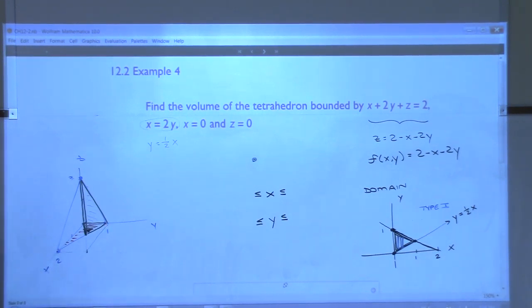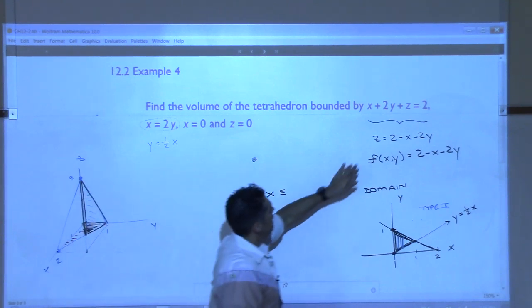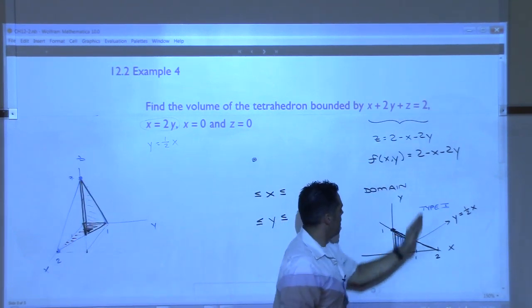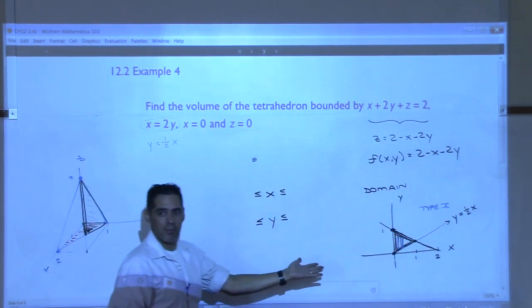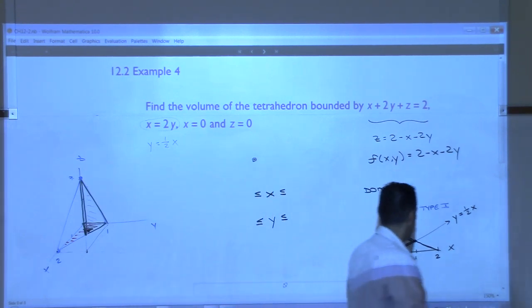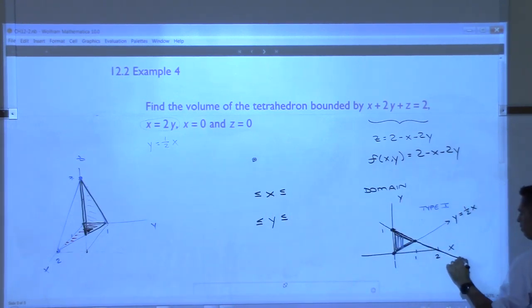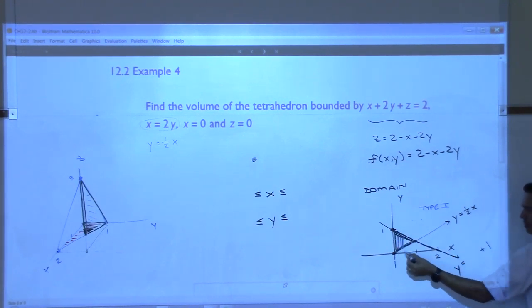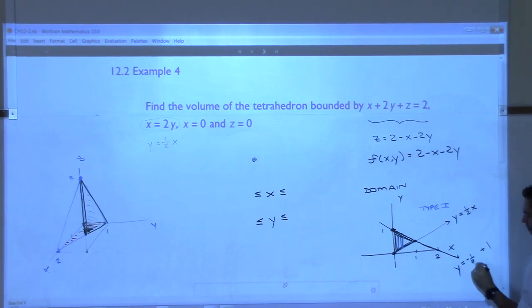So we could get it by coming up here and letting z be 0. Or we could just look at this, like back in college algebra, what's the y-intercept? The y-intercept of this is 1, and what's the slope? So down 1 over 2, so negative 1/2 x, like that. So these are our two functions of x.